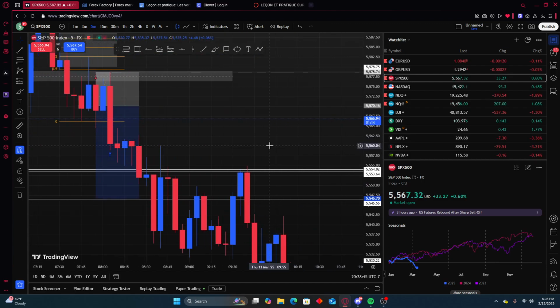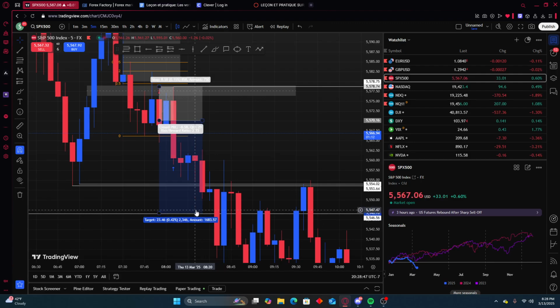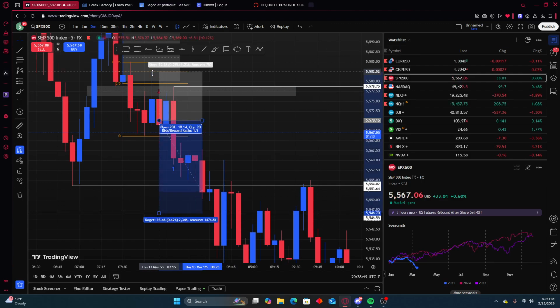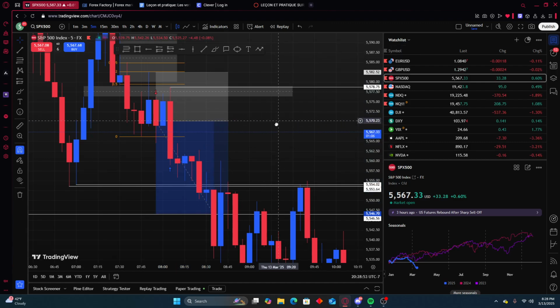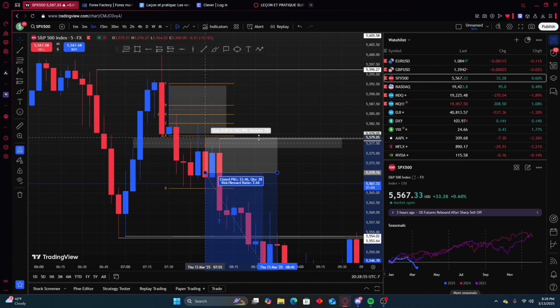So I should have probably held it till down here and had my stop loss up here. But that's fine. I don't count it as a loss, honestly. Even though I did lose, I got wicked out. I should have been more patient. I think my entry was pretty good. I don't think I had the worst entry, but I did have a bad stop loss.